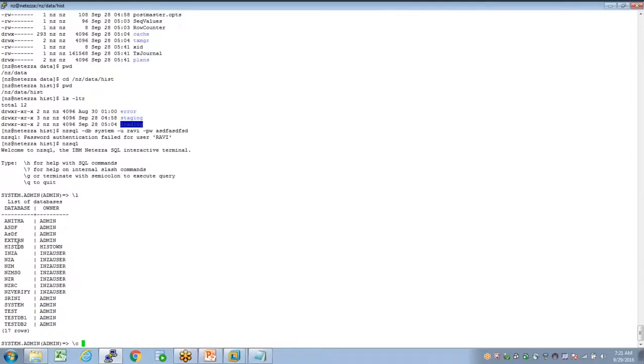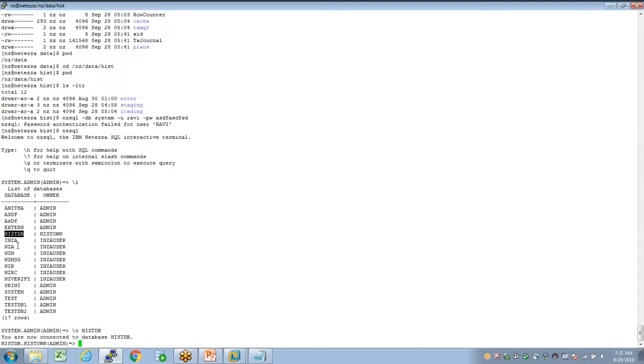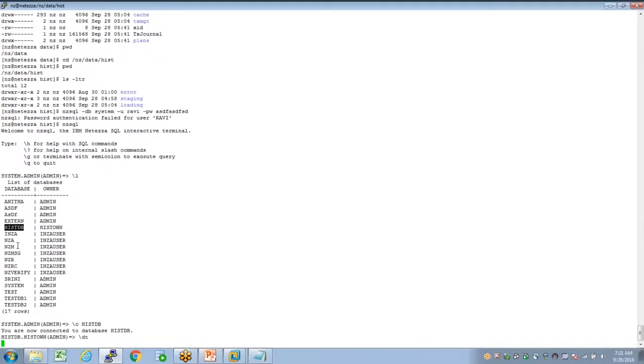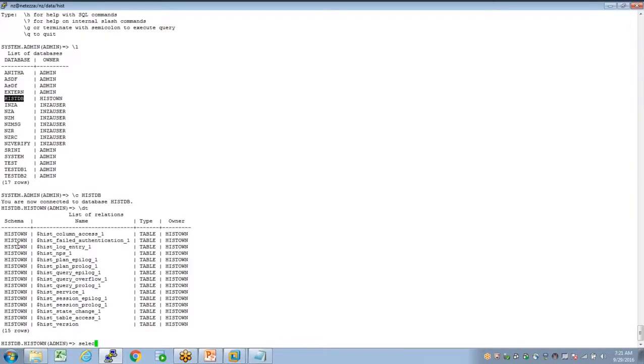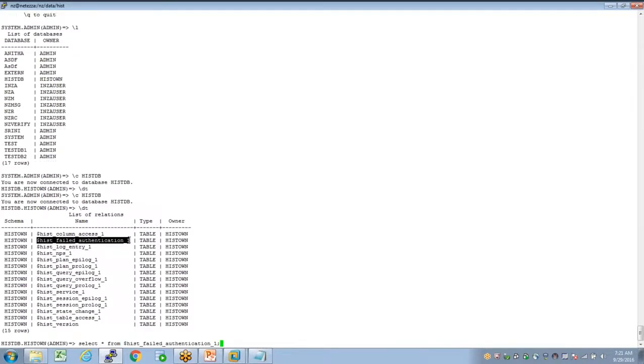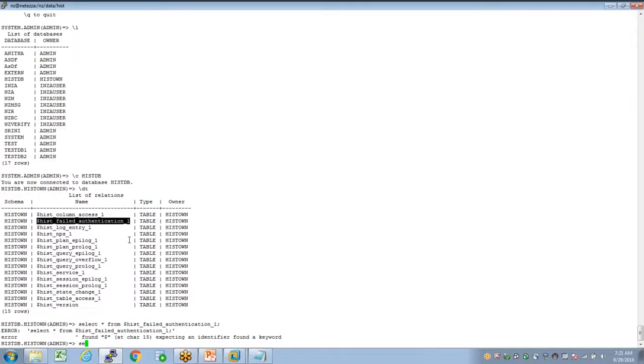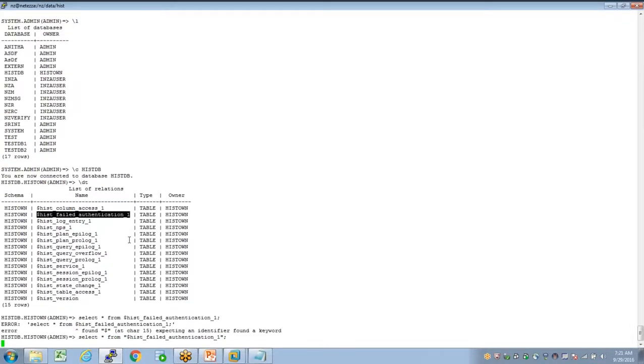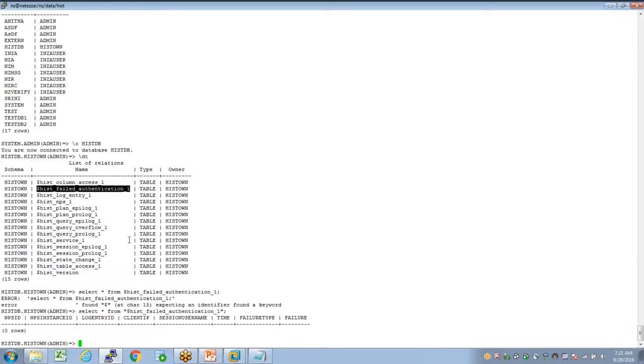What is the database? HistDB. What are the display tables? When I say select star from, it's nothing. It just writes that information in this table. I need to put the quotation. So it's not yet loaded.